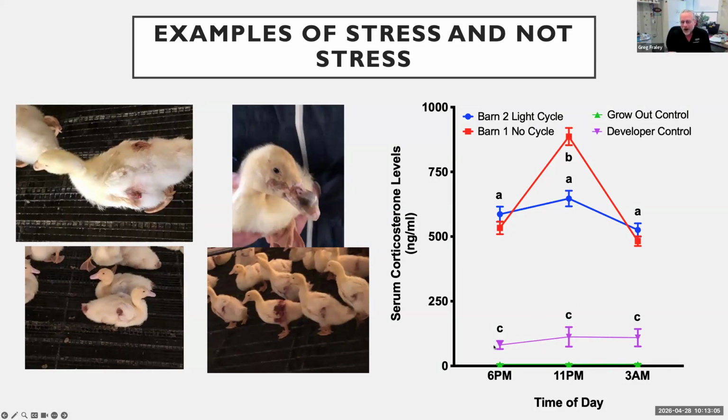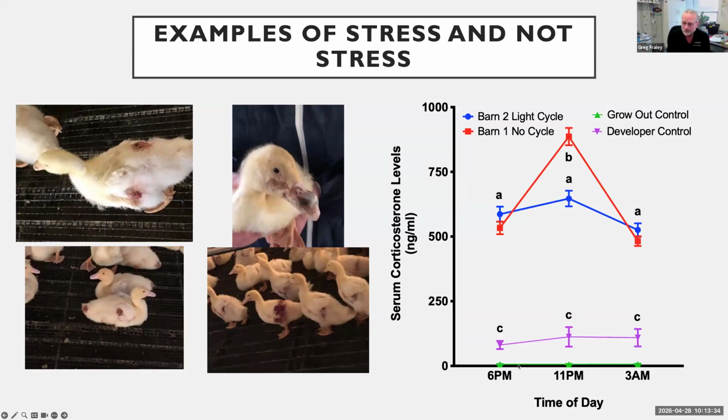So the question is, why are they different? Why is this higher than the grow-out? The answer is quite simple. The big difference between them is how they're raised. The developers are feed restricted, and this was during a feed restricted time. That doesn't mean they're stressed. That means in order to maintain glucose homeostasis, the glucocorticoid, corticosterone levels are raised.